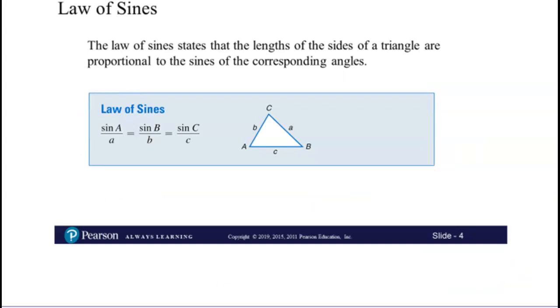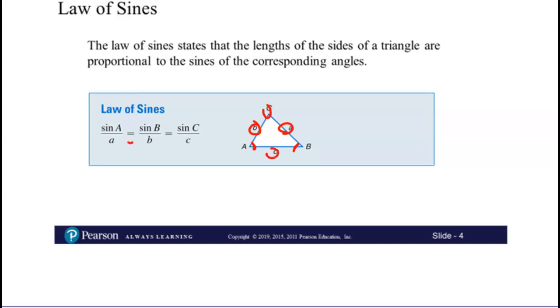Using the sine rule, we're going to use the law of sines. The law of sines states that the lengths of the sides of the triangle are proportional to the sines of the corresponding opposite angles. That means the sine of A over side a is equal to the sine of B over the opposite side b, which is equal to the sine of C over the opposite side c.